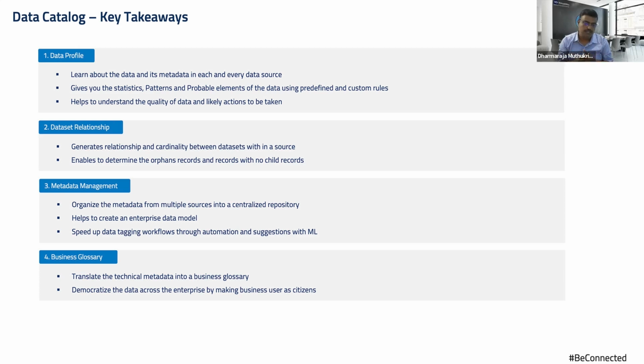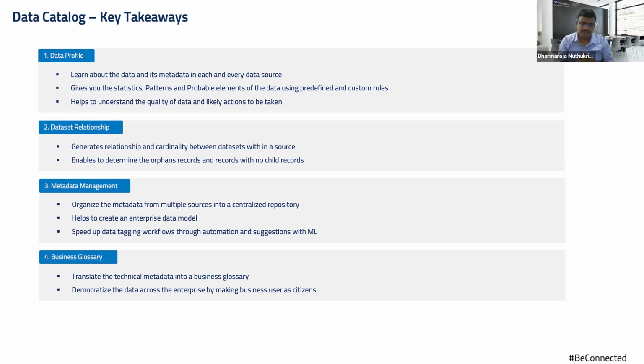So business glossary, it's going to be your technical metadata turned into a business glossary. As I said, the IT person has done whatever he has done through technical means. So you want to convert it. If you want a business user to understand all the technical information, you go for a business glossary and give detailed information on the technical metadata.